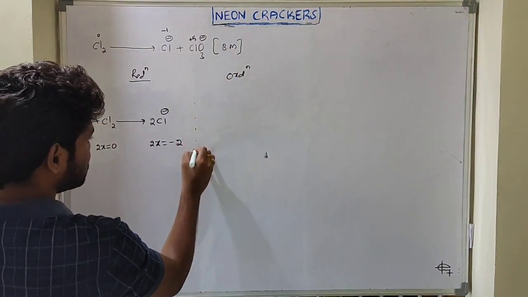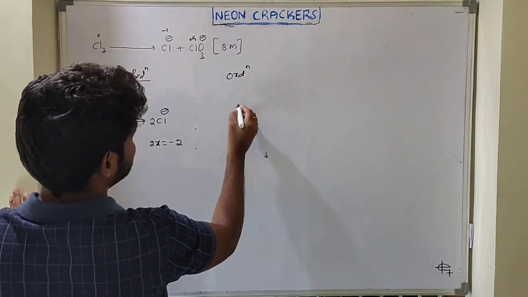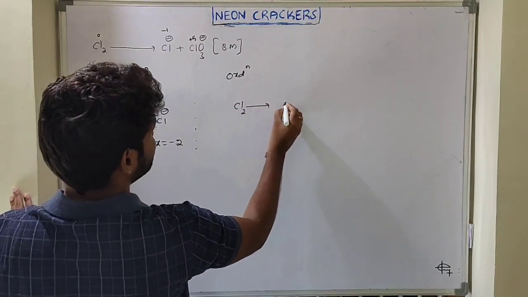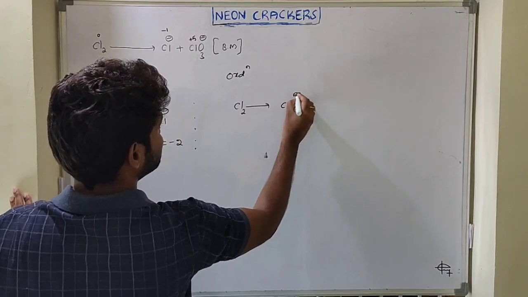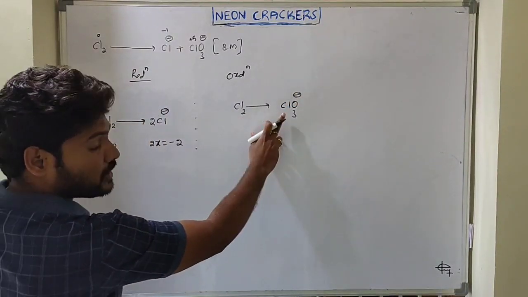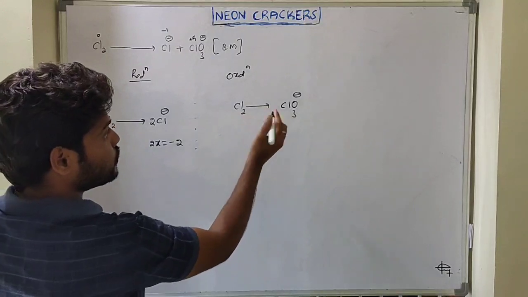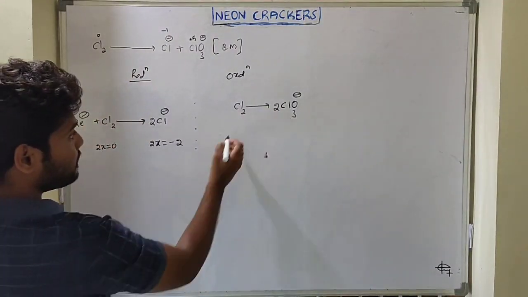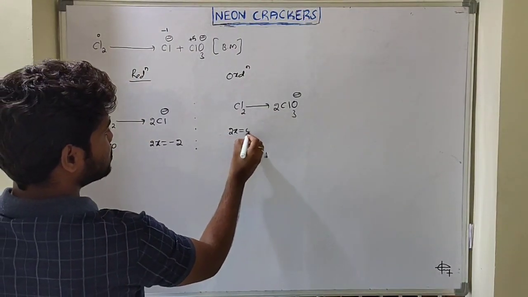And coming to the oxidation side, what is the equation? Cl2 converts to ClO3 minus. Here also 2 chlorine atoms, but we have only 1 chlorine atom on the other side, so it should be multiplied by 2. Then 2x equals 0 here.